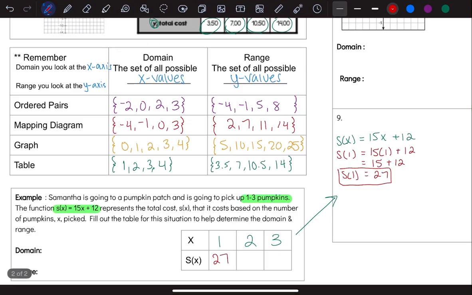Now to buy 2 pumpkins, I'm going to replace x with 2, so my function becomes s of 2 equals 15 times 2 plus 12. 15 times 2 is 30, plus 12 is 42. To buy 2 pumpkins, it'll cost her $42.